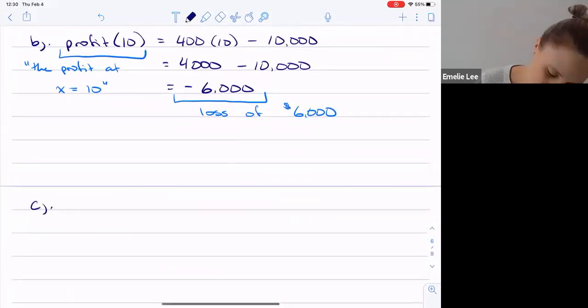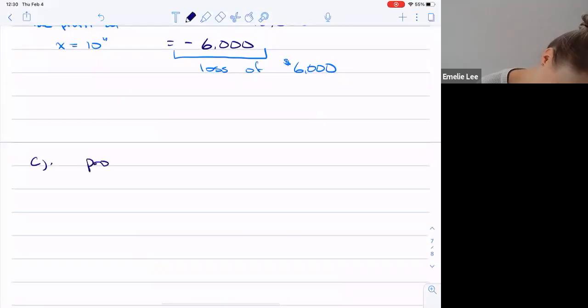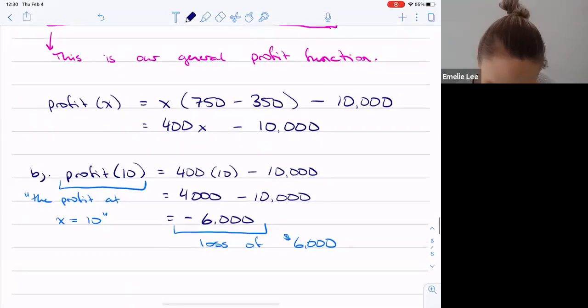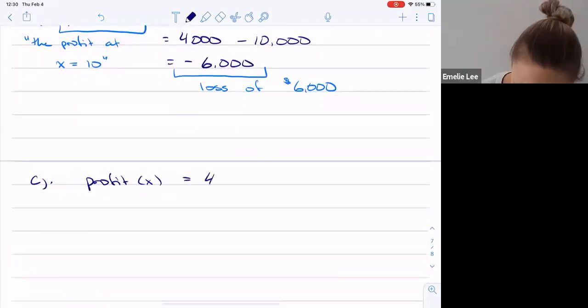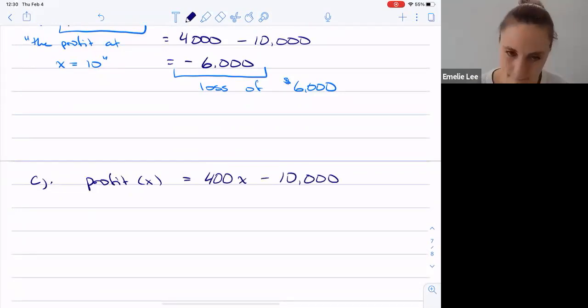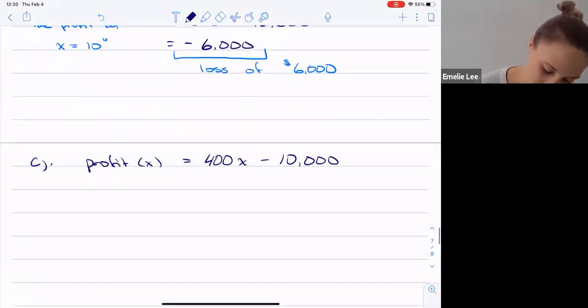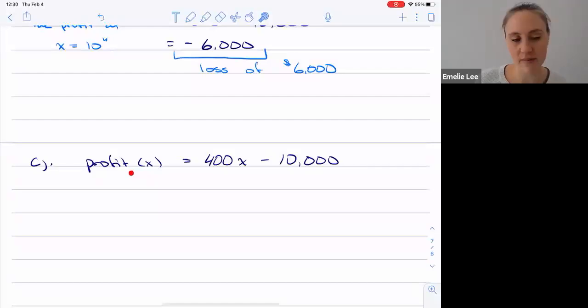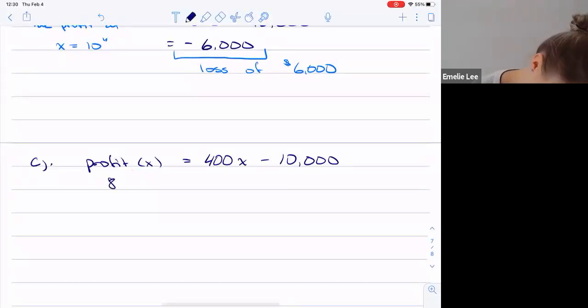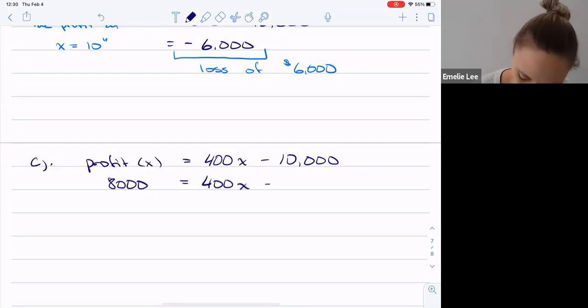I'll put it on the new page. So we've got the profit of X, and because it's on the next page, I'll just write it down. 400 times X minus 10,000. So now I'm forcing this profit to be 8,000. 8,000 is 400X minus 10,000.